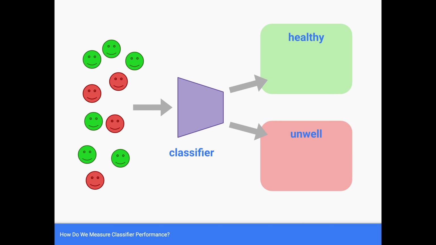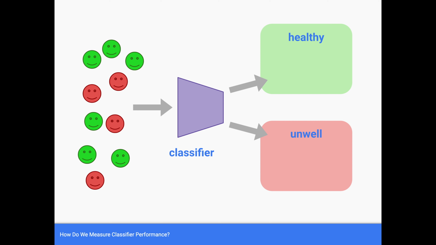So let's start with a very simple scenario where we have a population of people. The green indicates that they're healthy and the red indicates that they are perhaps unwell with some disease, kind of topical right now. We have a classifier which might be a neural network, it might be something entirely different.